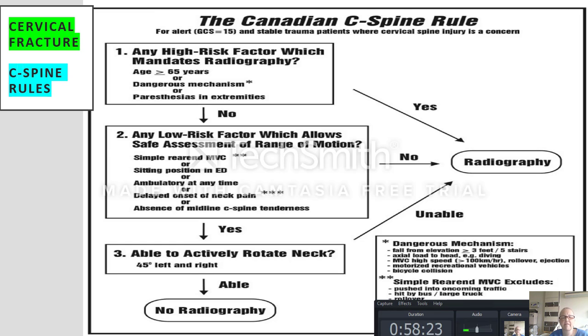So if it was just a simple rear-end motor vehicle accident, that would be yes. Yes, I was sitting in the emergency department. Yes, I was walking into the emergency department. Delayed onset of pain.